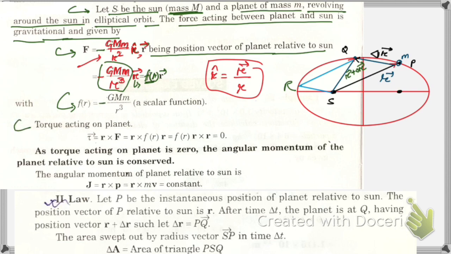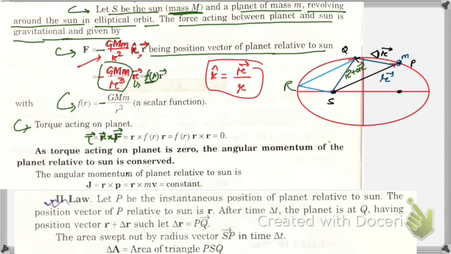So the torque acting on the planet will be given by the torque tau, which is the position vector r cross the force acting on it. That force is given by this relation.